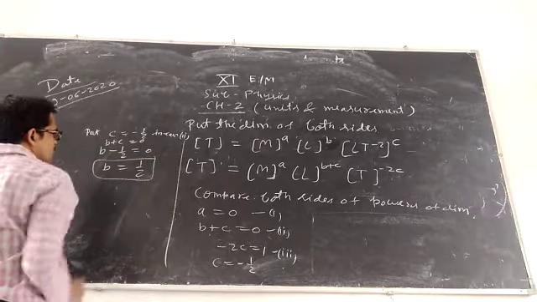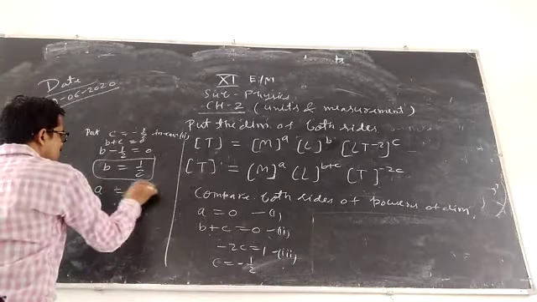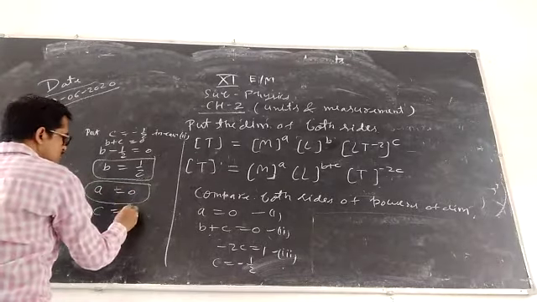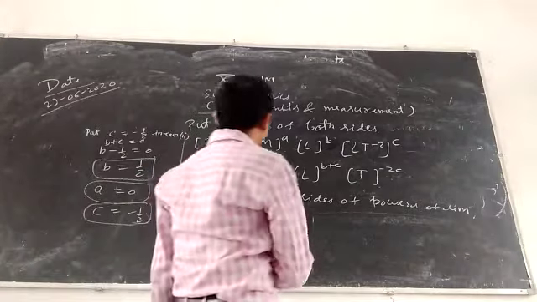The value of b will be 1 by 2. Okay? Clear? That's why a is equal to 0, b is equal to 1 by 2, c is equal to minus 1 by 2. You will put all these values in equation number first.